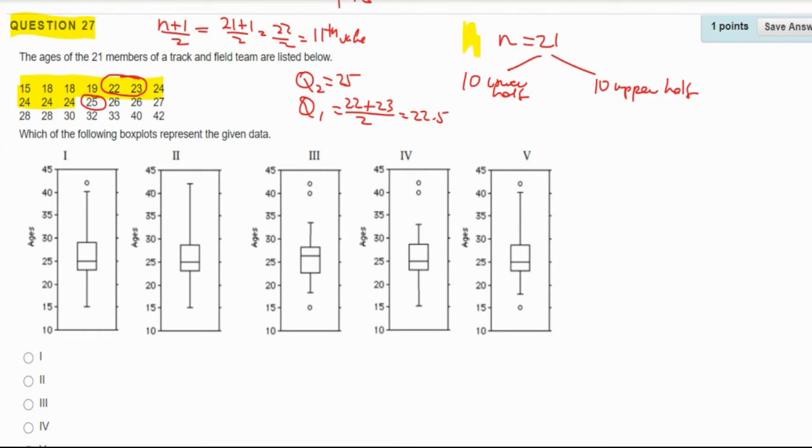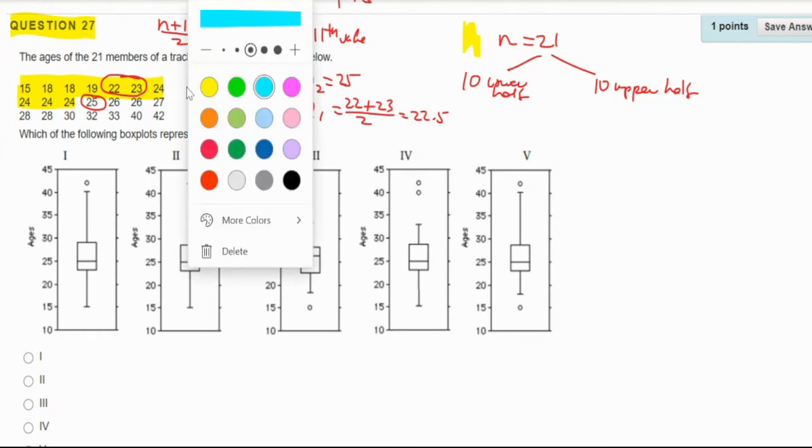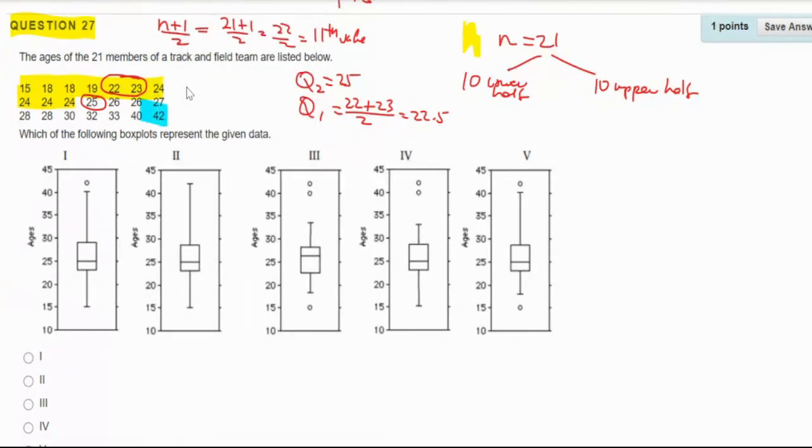Now, Q3, in Q3 you're finding the median of the upper half, this side. The same way, what you notice is that it will fall between these two numbers.